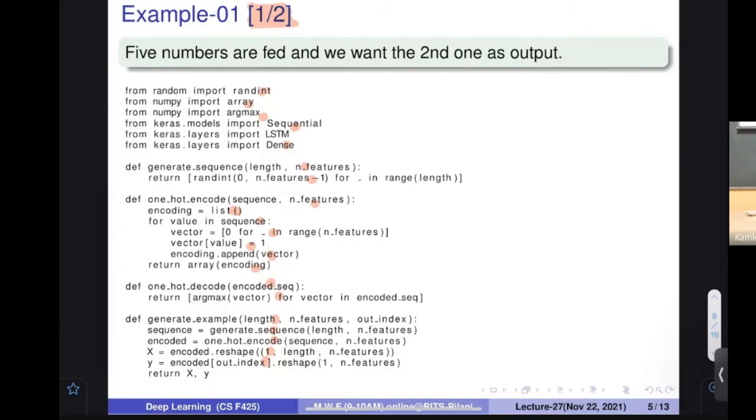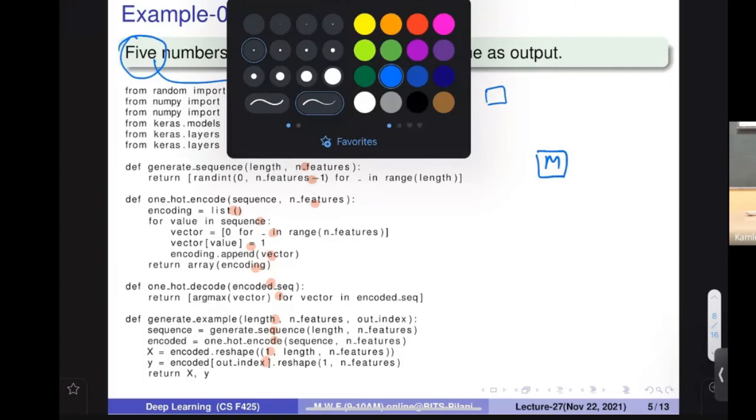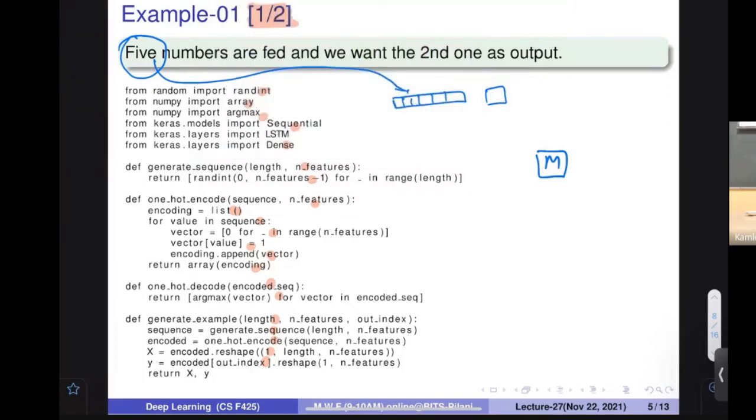So what do I mean by this? I am going to design an ML-based model where I feed a vector. How many numbers does the vector contain? 5 numbers. So 5 numbers are fed to the system, and the second number is the output.